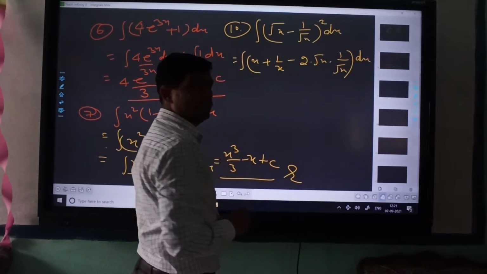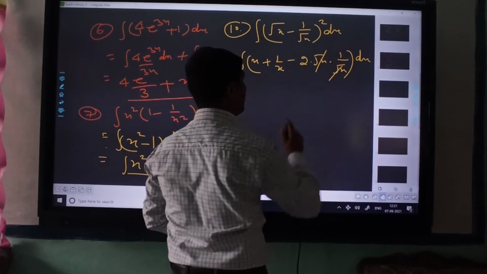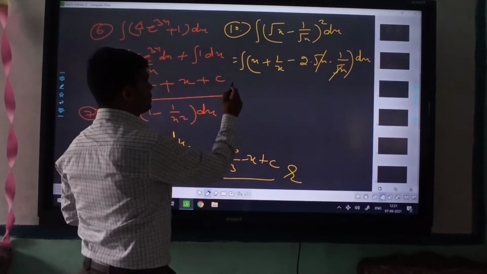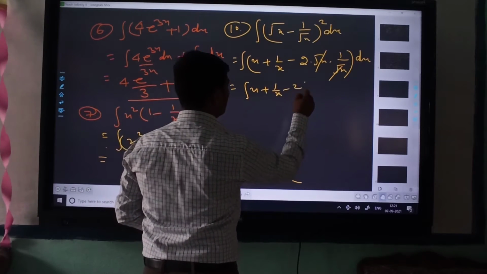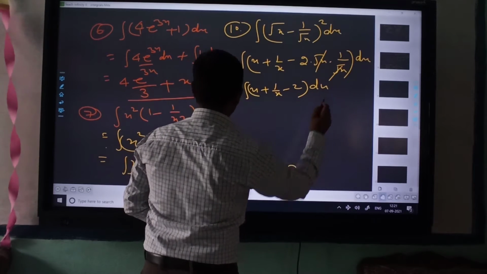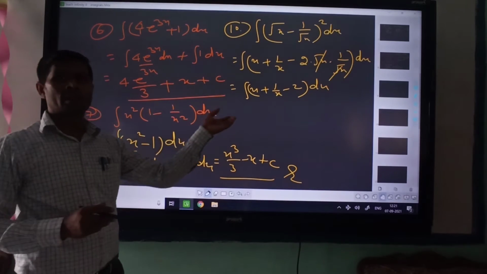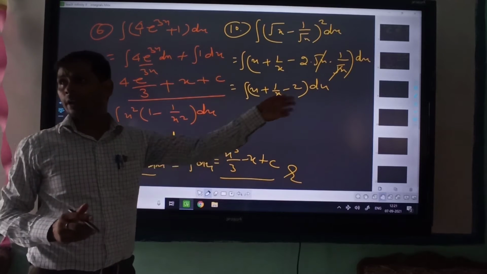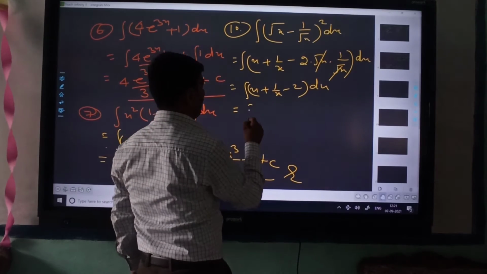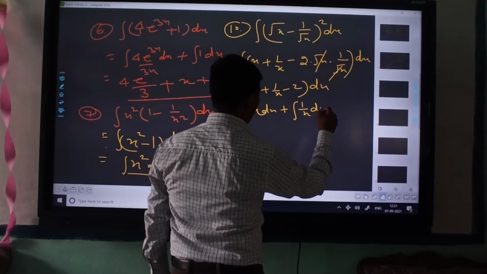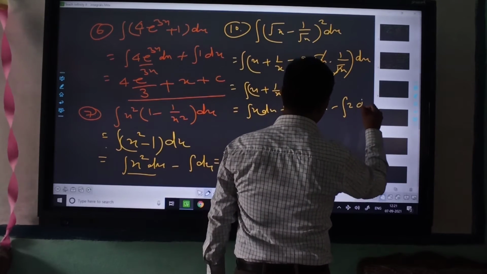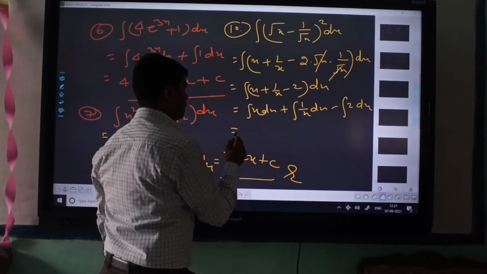I think it is clear to you. So this can cancel out. So this gives us integration of x plus 1 upon x minus 2 dx. Like this method you can integrate separately by separating the terms. That means integration of x dx plus integration of 1 upon x dx minus integration of 2 dx.